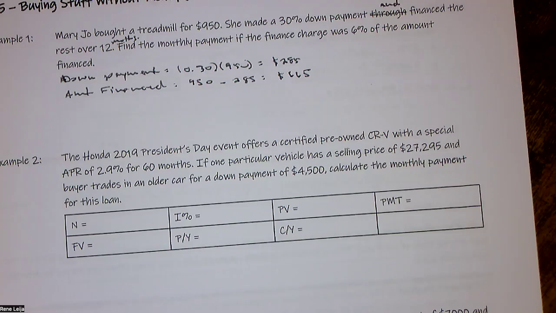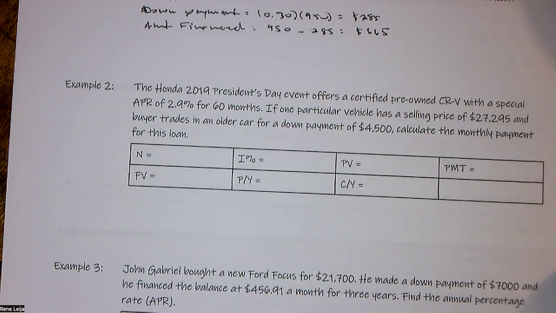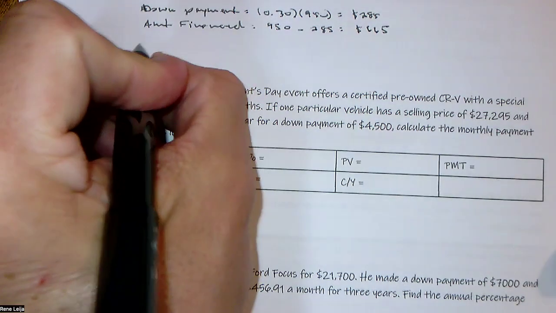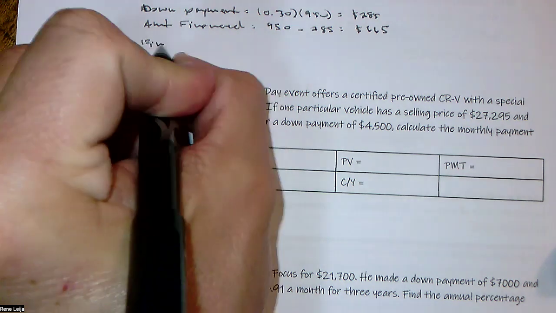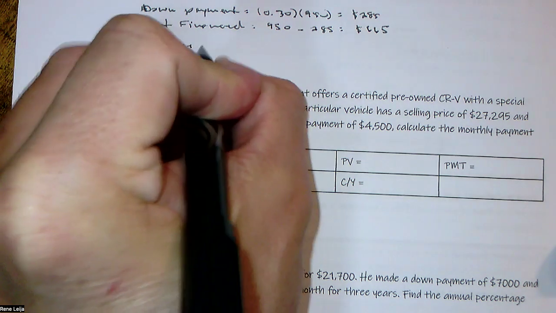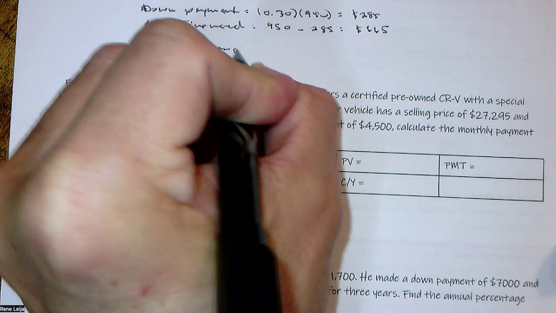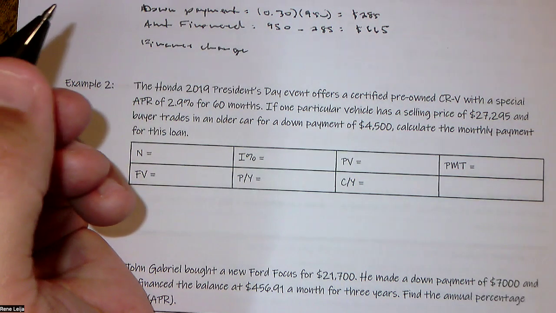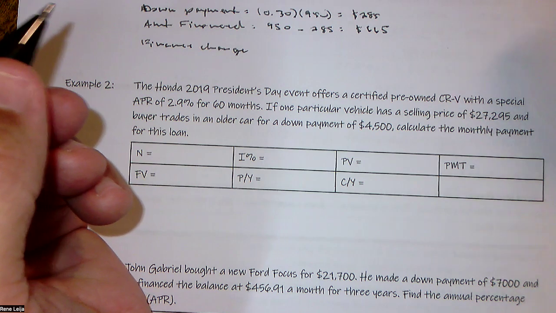Okay, so we need to find the finance charge. All right, so the finance charge is 6% of the amount that we're going to finance.